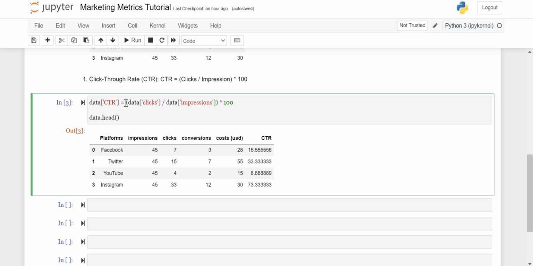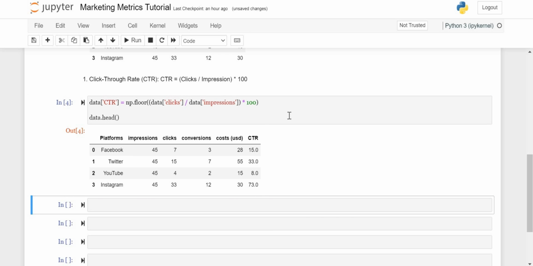So please, you will see the link right above, so you can click and watch what the floor function actually does. So numpy.floor, then we put it here. So cool, we have this table much more readable. So it has actually calculated CTR for each of the platforms.